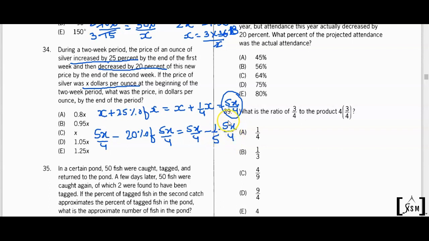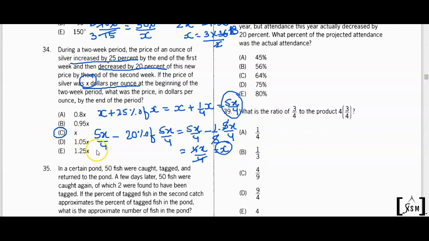We'll simplify that. 5 gets cancelled. So 5X over 4 minus X over 4 is 4X over 4, which basically becomes X. So after the second decrease, the price again becomes X. Initial price was X and final price is X. So option C is the correct answer, right?